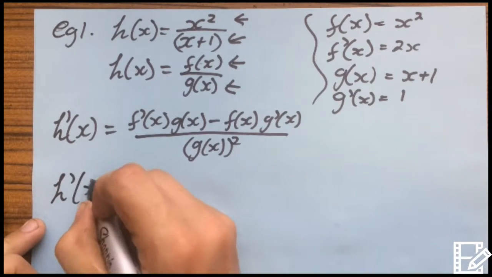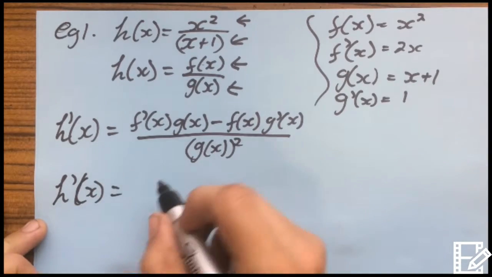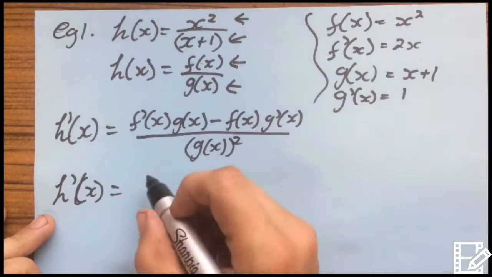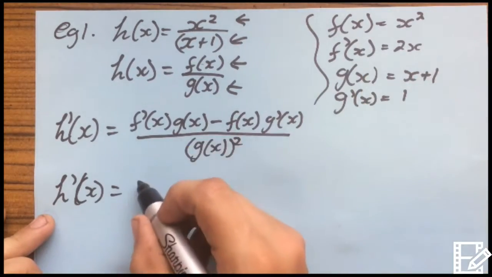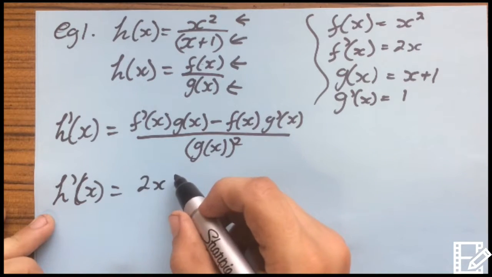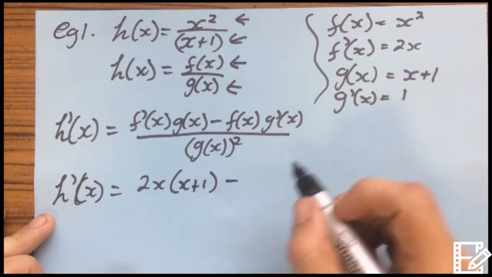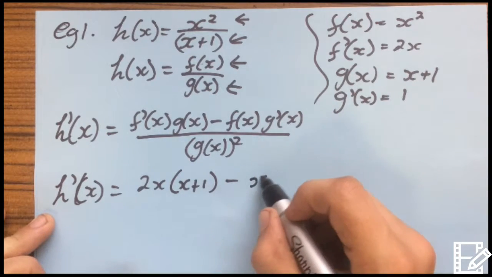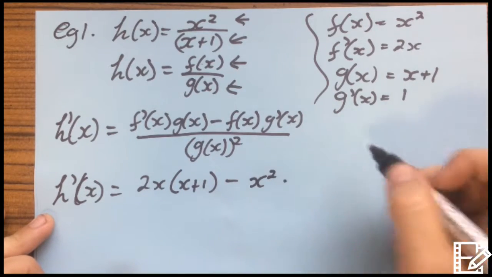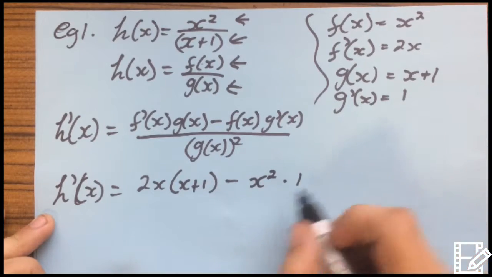So if we sub that in, what we end up with is the derivative of f(x), 2x, multiplied by g(x), x plus 1, minus f(x), x squared, multiplied by the derivative of g(x), which is just 1.